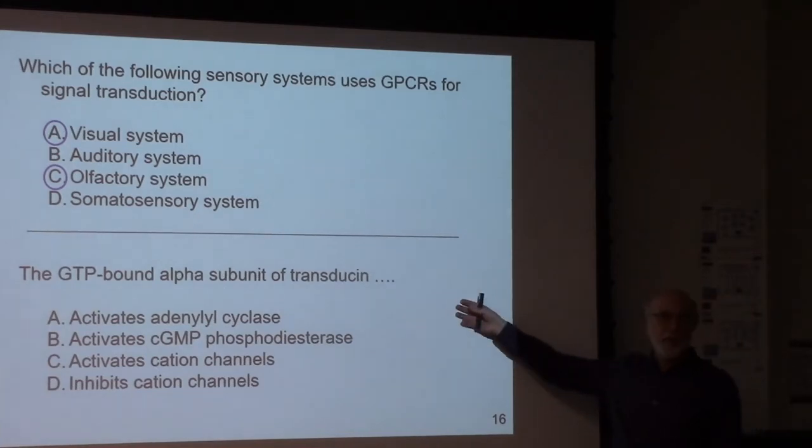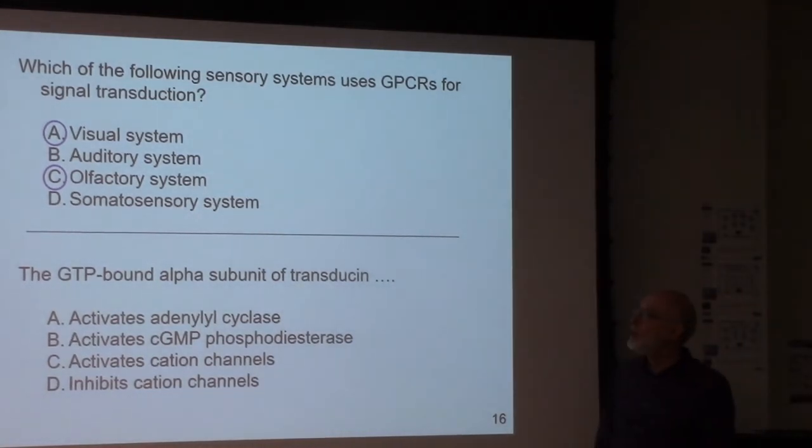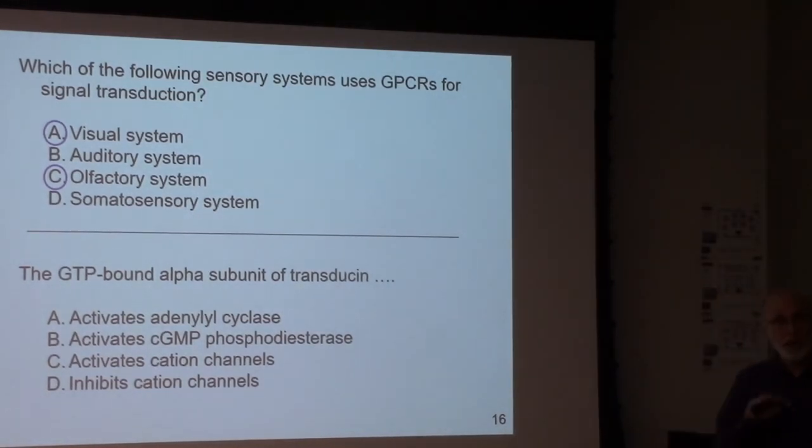Okay, now we're going to do a little GPCR review. The GTP-bound alpha subunit of transducin, what does it do? Remember which one is transducin and what it does. This is transducin.